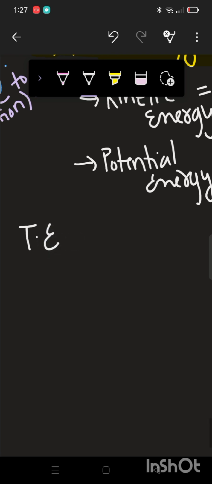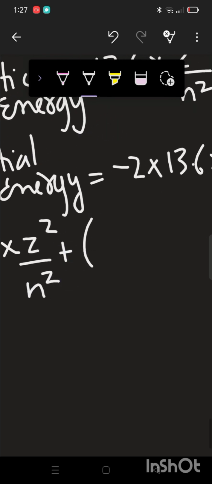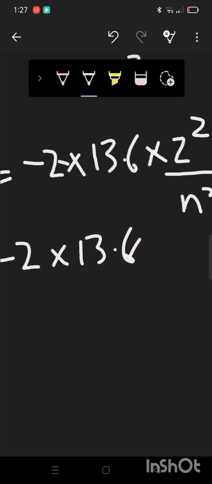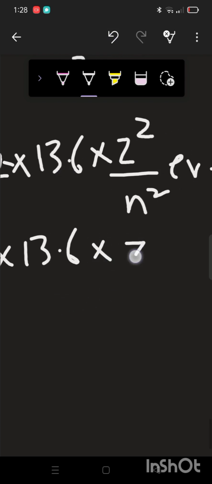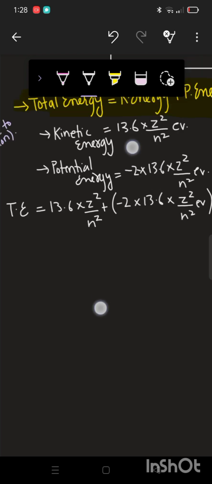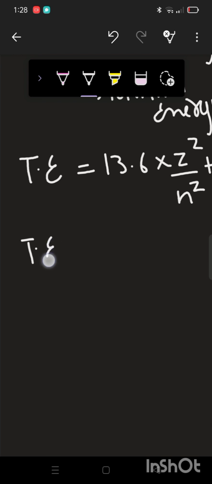Total energy, which I am representing with TE, is equal to kinetic energy, which is 13.6 into Z square by N square, plus potential energy, which is minus 2 into 13.6 into Z square by N square electron volt, right? Now as you can see, this is plus and minus, so let me go with that.